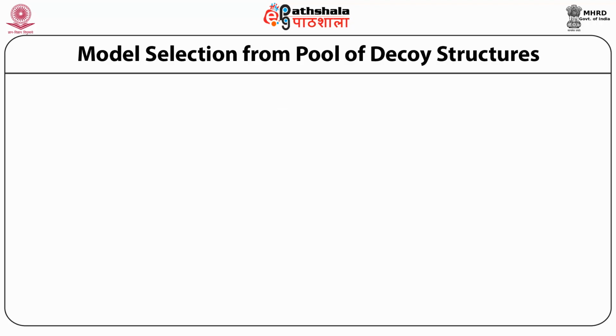Model selection from a pool of decoy structures. Irrespective of the conformational search method used, we arrive at a number of possible decoy structures and then need to choose the final one. The methods that could possibly be used are based on energy or clustering.